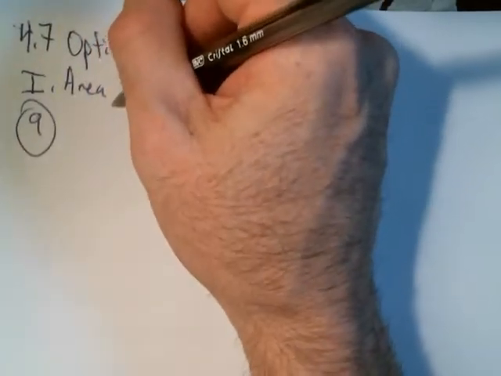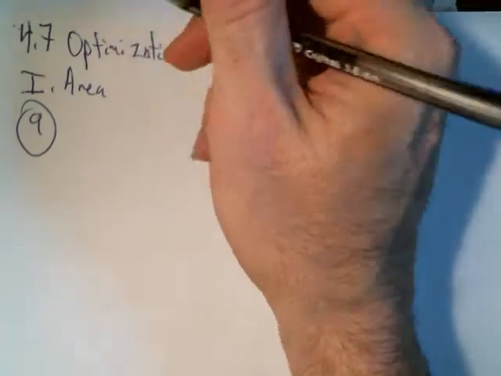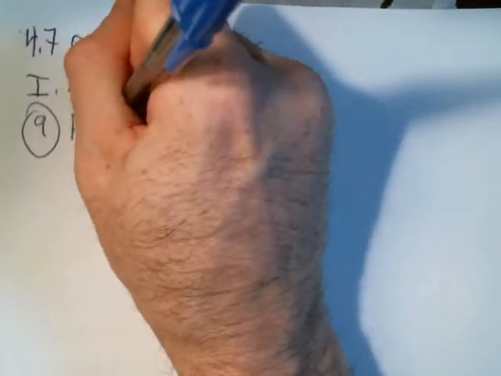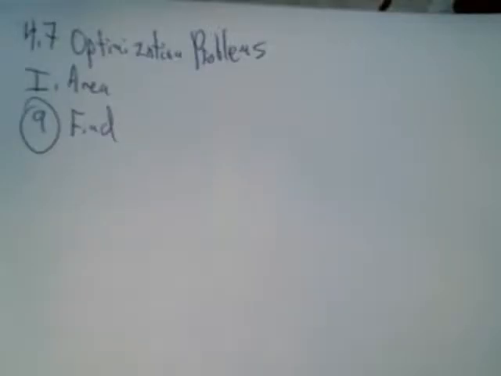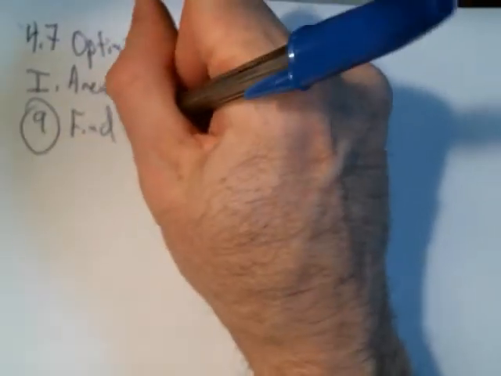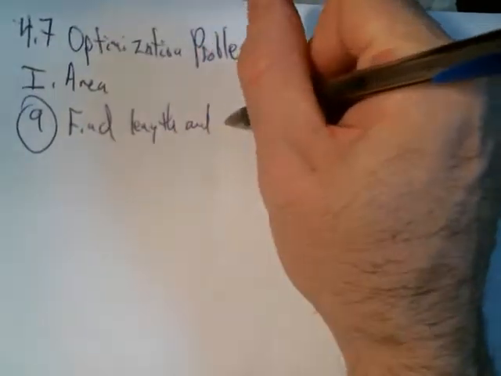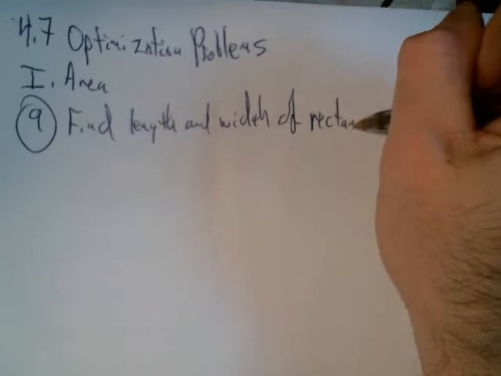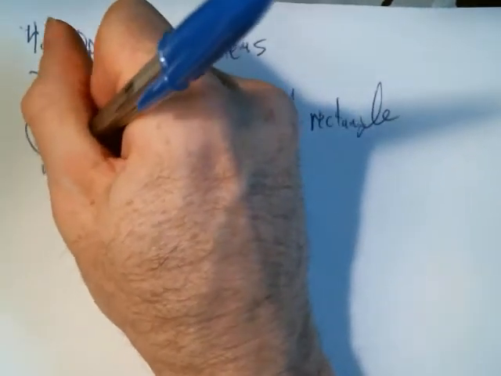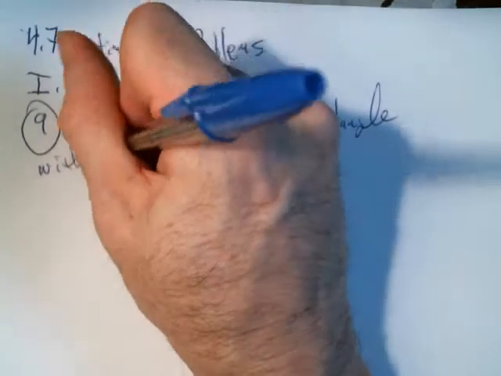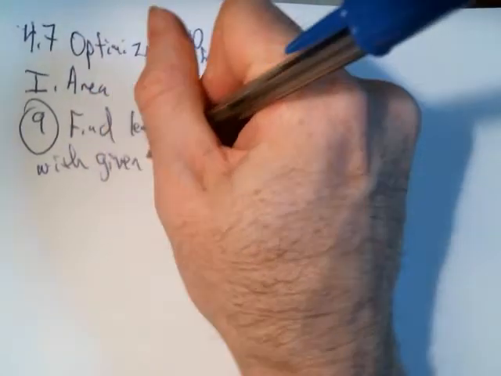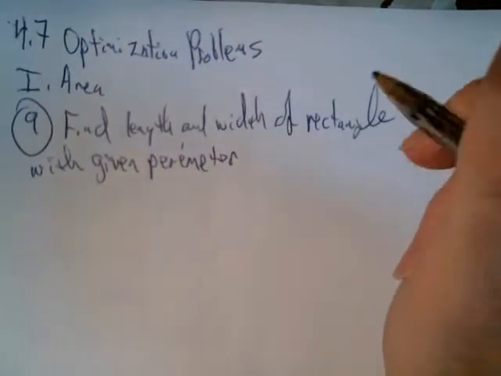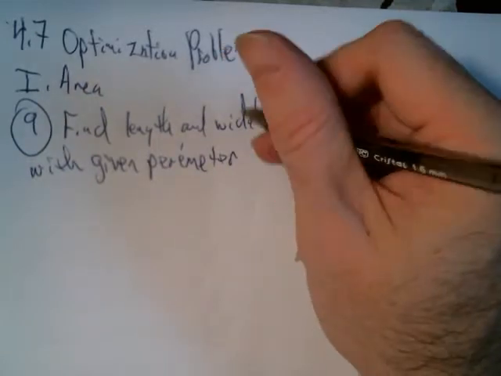9. So this is from the Larson book. Find length and width of a rectangle with given perimeter and maximum area.